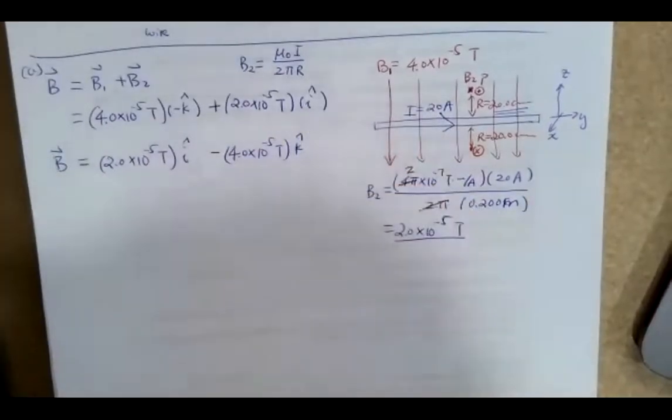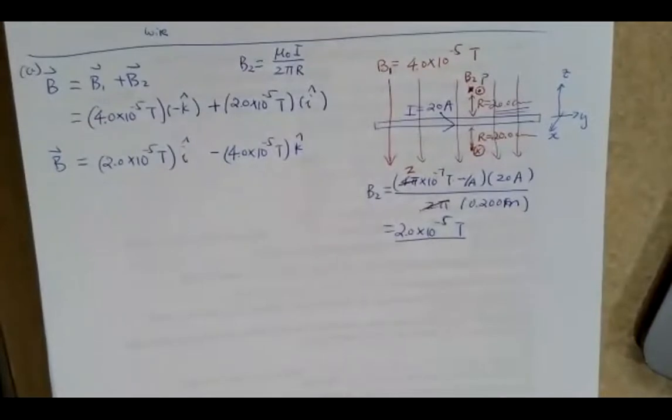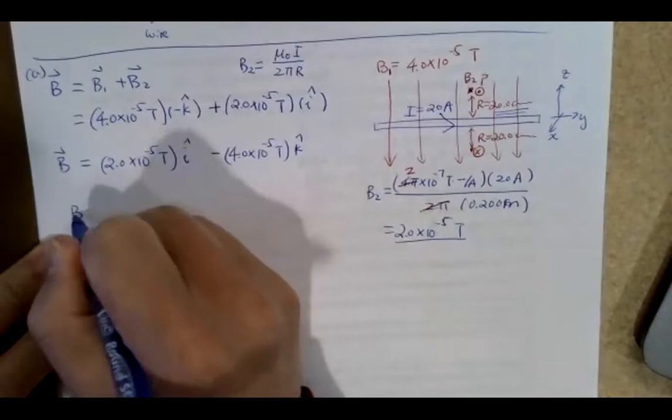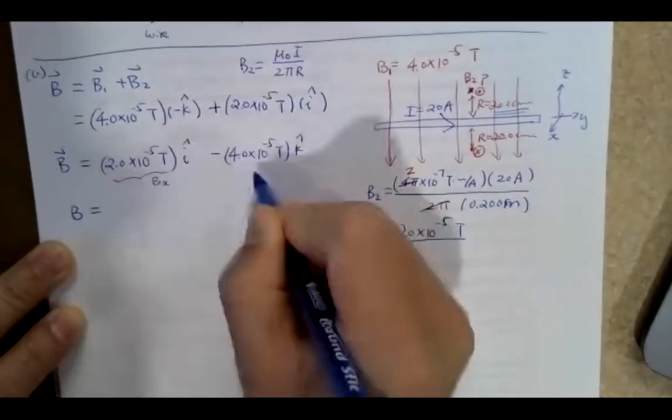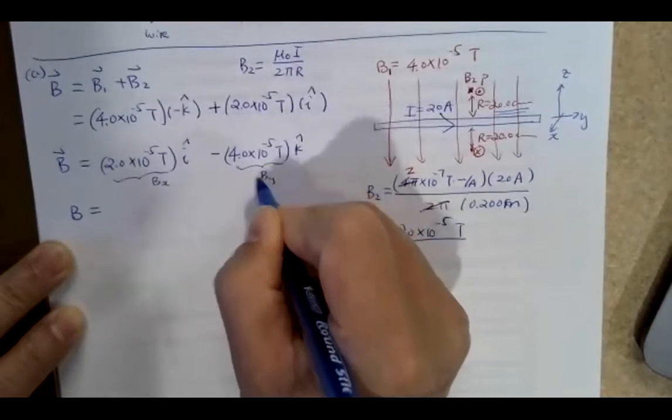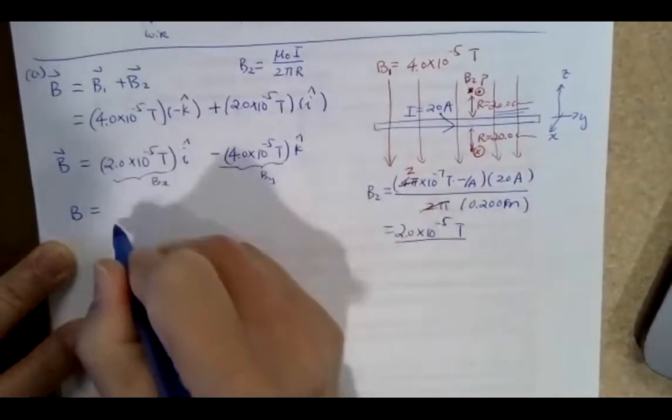Okay. Now it asks us to find the magnitude, right? So we have the components here, then we can calculate the magnitude. The magnitude will be the square root of the X component squared plus the Z component squared. Now the Z component is negative.